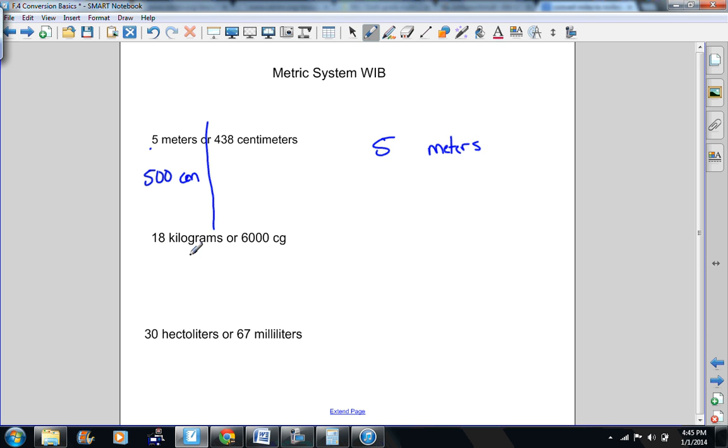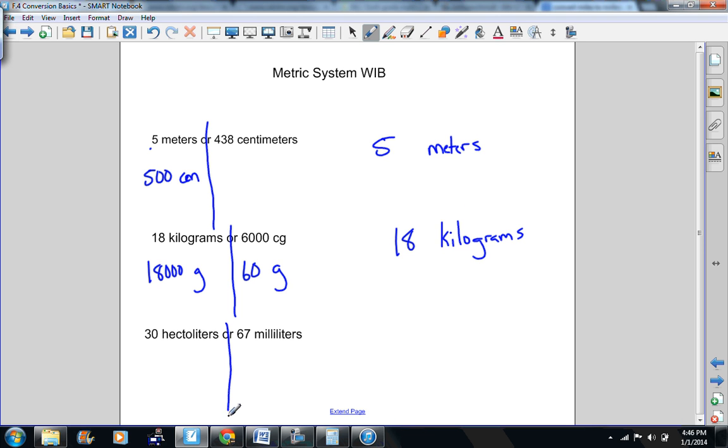So now it gets a little tricky. 18 kilograms or 6,000 centigrams. Well, I'm going to convert these both to regular grams. Well, that's 1,000, so it's 18,000 grams. And centigrams, that's smaller, so we have to divide by 100. So that becomes 60 grams. And now 18,000 grams is bigger than 60. So 18 kilograms is bigger.